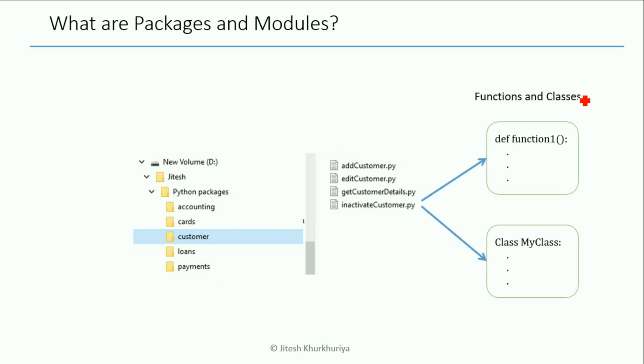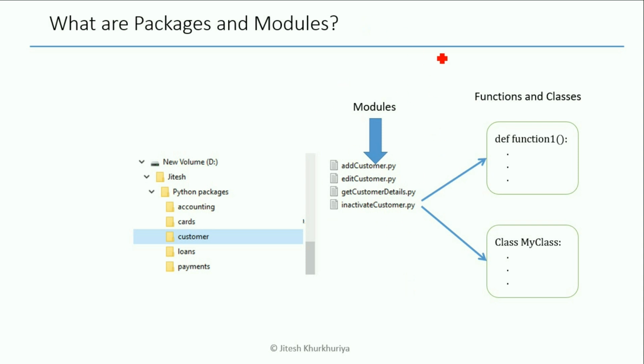Now, each of these files can have various functions and classes, and they would do some processing based on the arguments passed to them. So these files, which contain these functions and classes, are called as modules in Python.